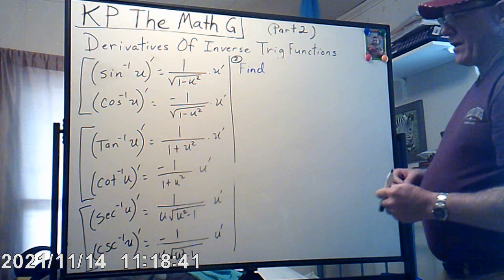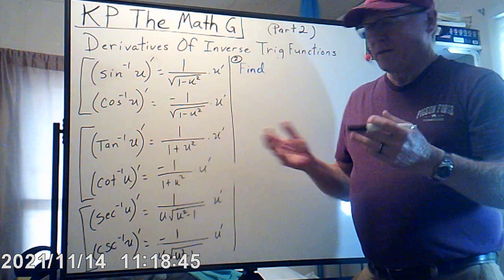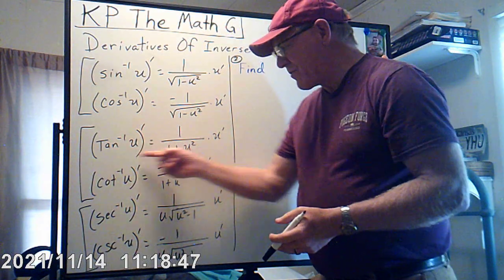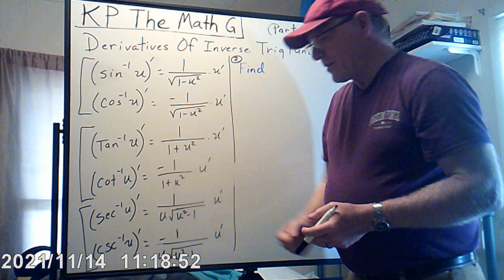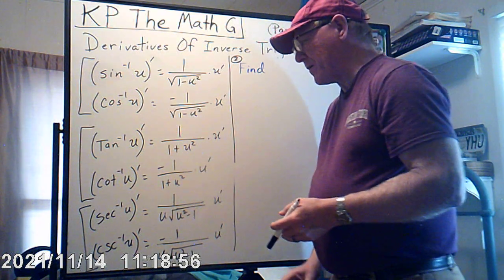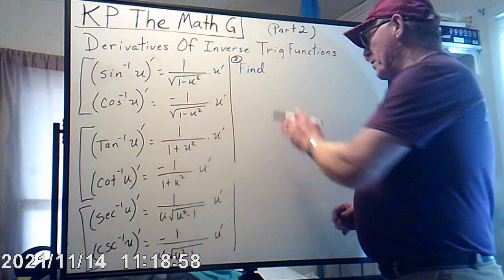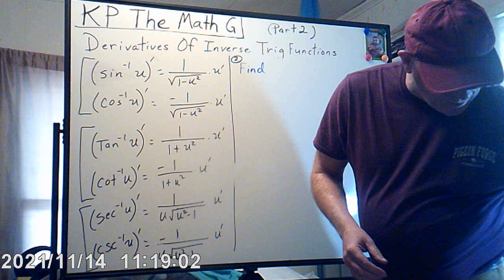And there again, I think what I have heard other teachers say is that tangent inverse is probably the most used there. Maybe sine inverse, I don't know. But needless to say, it doesn't hurt to know these. Well, let's do one more. I think I have one more in mind.